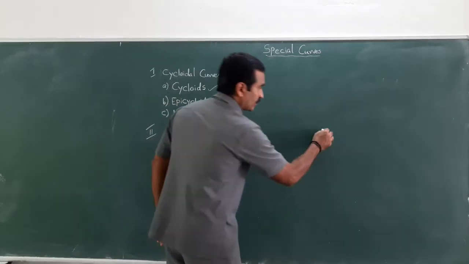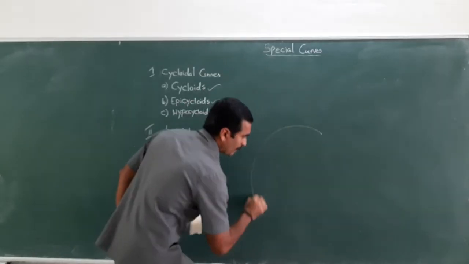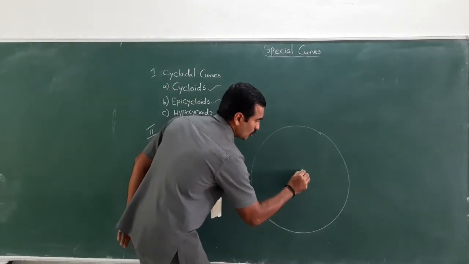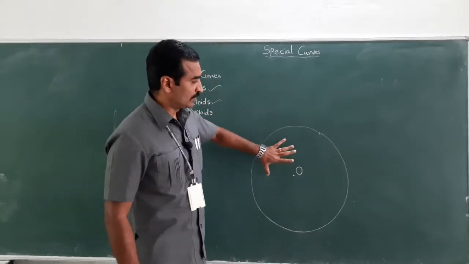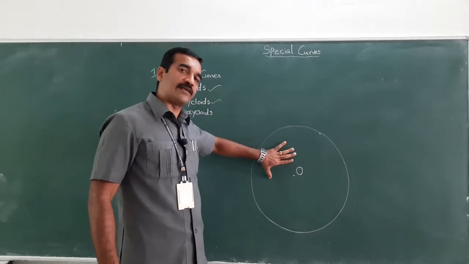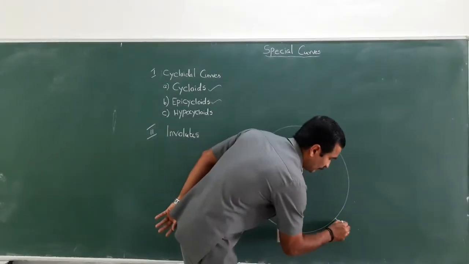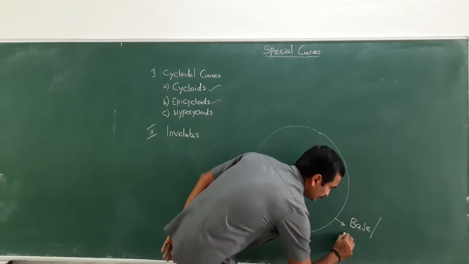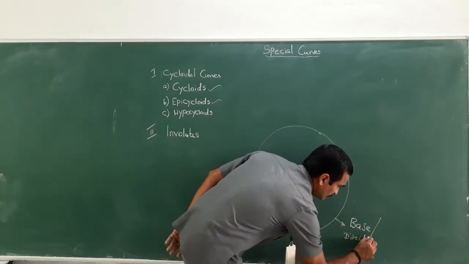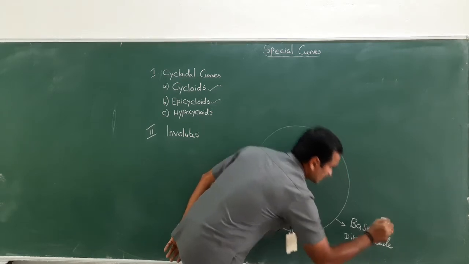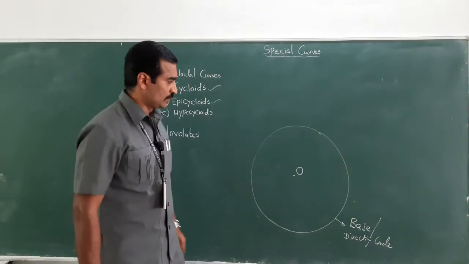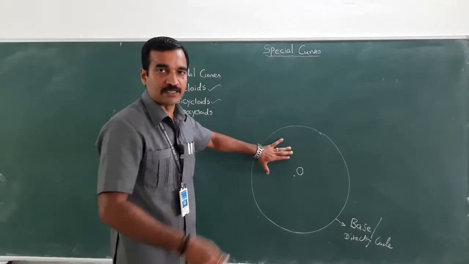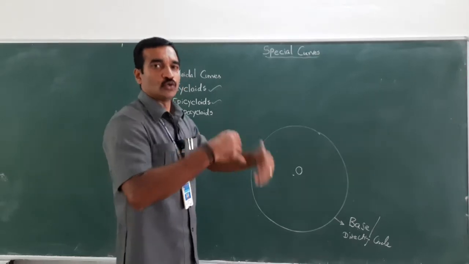So assume a circle and its center is termed as O. This circle is nothing but the base circle or directing circle. Understood? So now over this base circle or directing circle, one circle is going to roll over it.